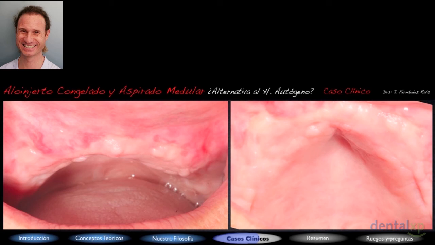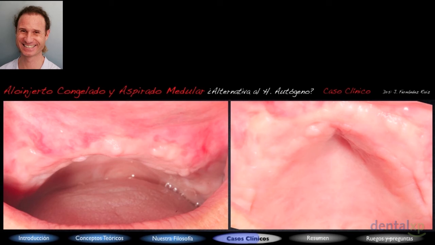The situation has improved. The patient, I must say, used the complete prosthesis after 48 hours after the surgery. She has used it ever since up till today.